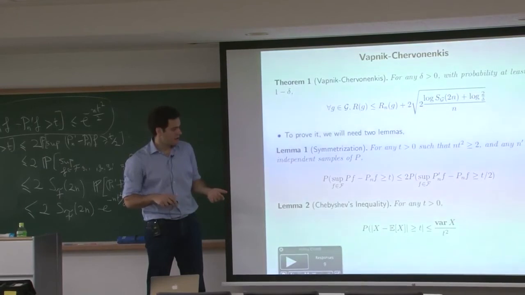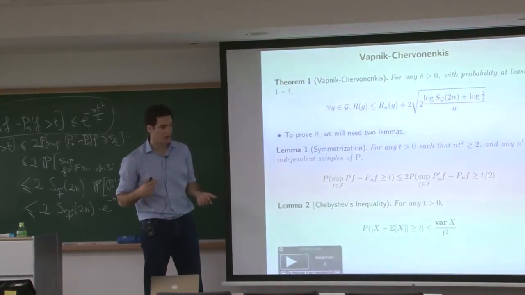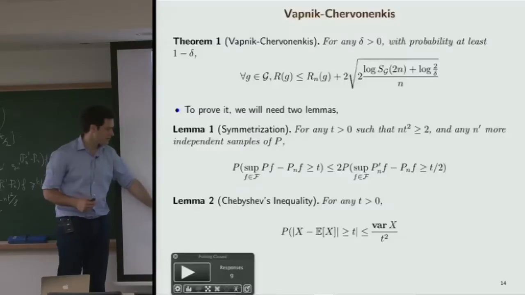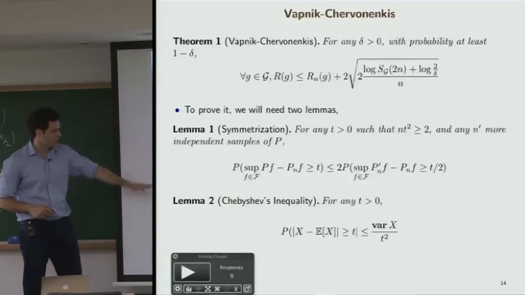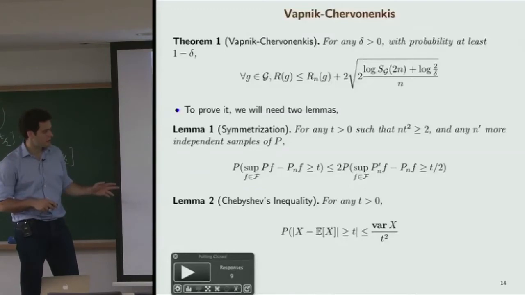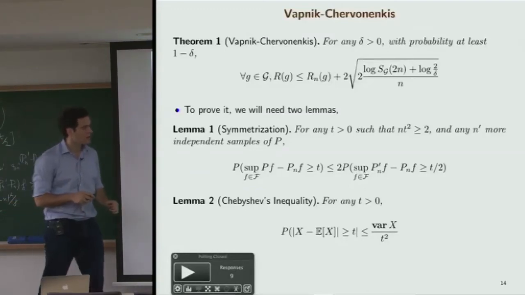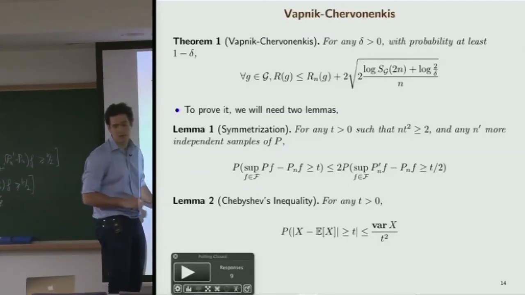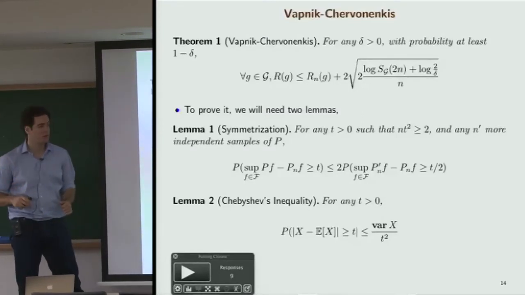So using this, plus the fact that we can now introduce the growth function of 2n, and using a union bound in the end, plus Chebyshev's inequality, sorry, which was used to prove this lemma, we can get a bound which depends only on the growth function with 2n sets. So this is rather technical.